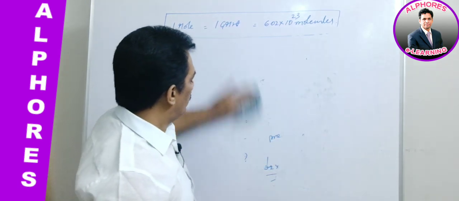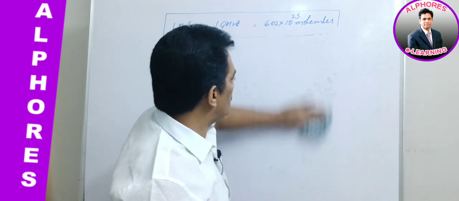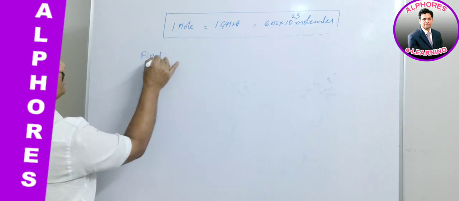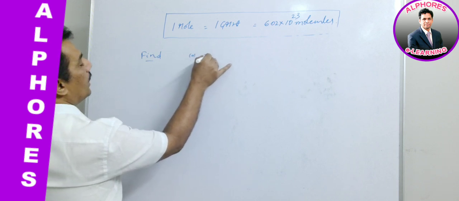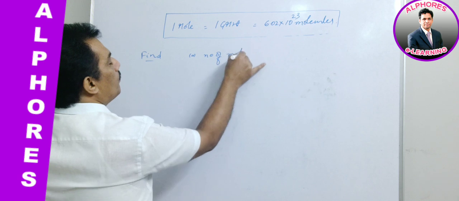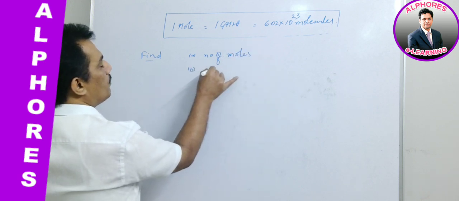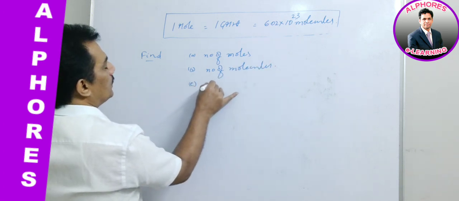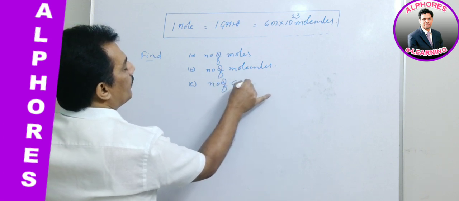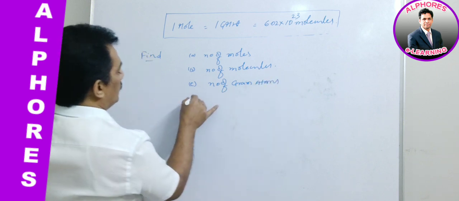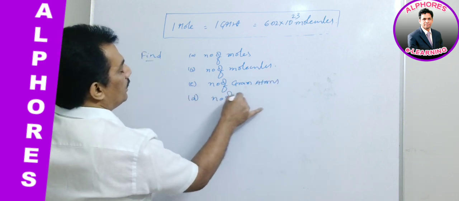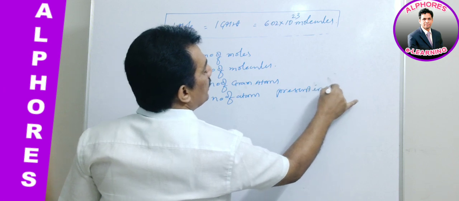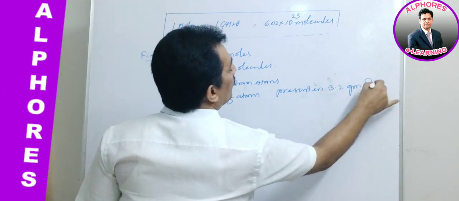Let us consider oxygen here again. From the same data they are asking: find A, number of moles, B, number of molecules, C, number of gram atoms, D, number of atoms present in 3.2 grams of oxygen.